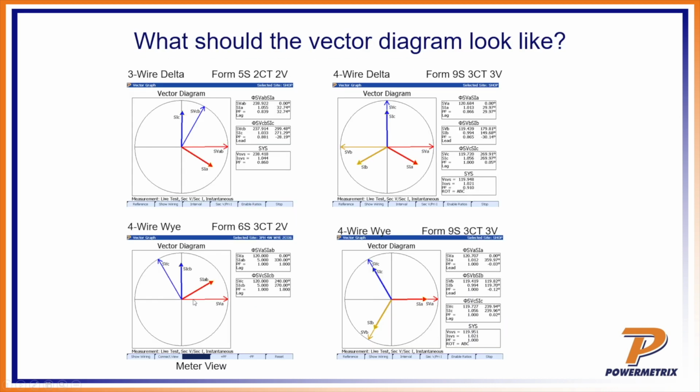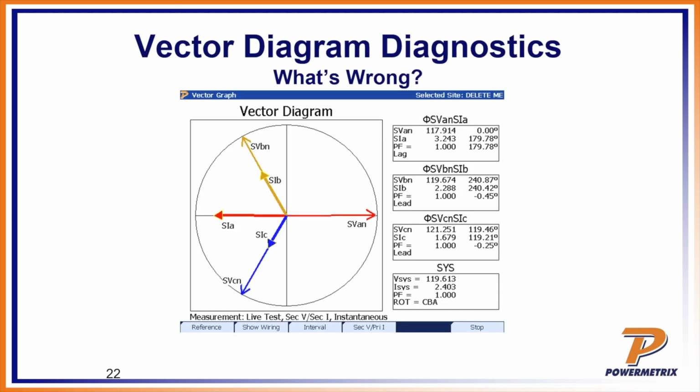This view is what you're going to see on your 3 series with your equally spaced vectors. But you just need to know that on the meter view, this is how the calculations are made, and it has to do with being a 2.5 element meter. This class is not one that goes into the depth of why that is, but if you have questions, you can always come back and we'll be glad to give you further teaching about that.